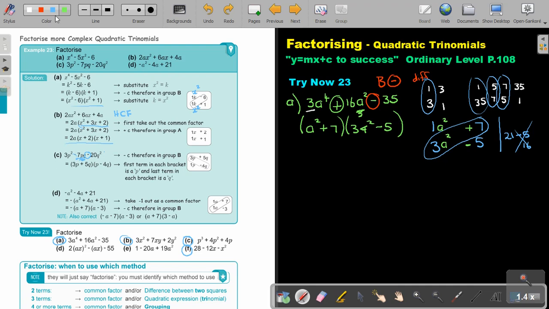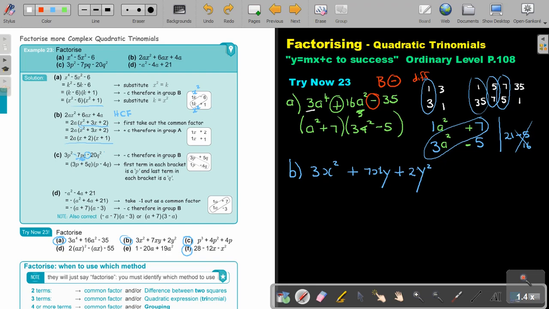Okay, if I look at number B, I can try still to do B here. So this is going to be 3x squared plus 7xy plus 2y squared.